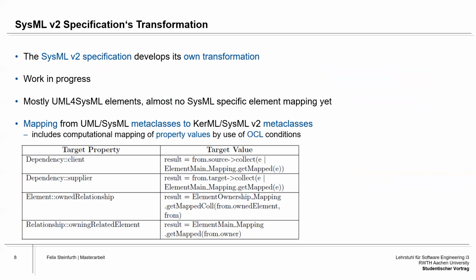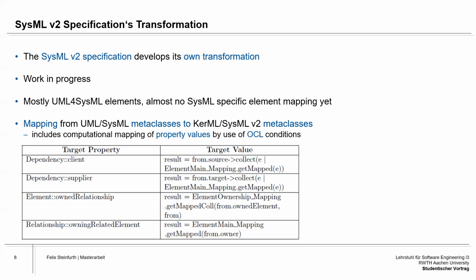SysML v2 provides its own transformation approach in its specification. This approach is still work in progress and mostly maps UML for SysML elements. Although with the recent February release, this is not entirely true anymore, as many new mappings are now included.